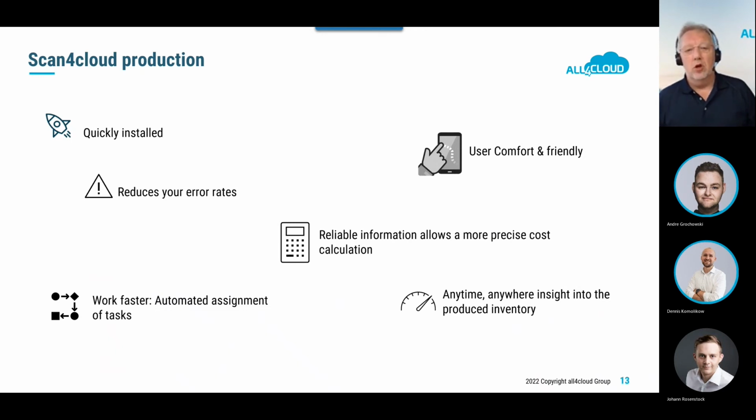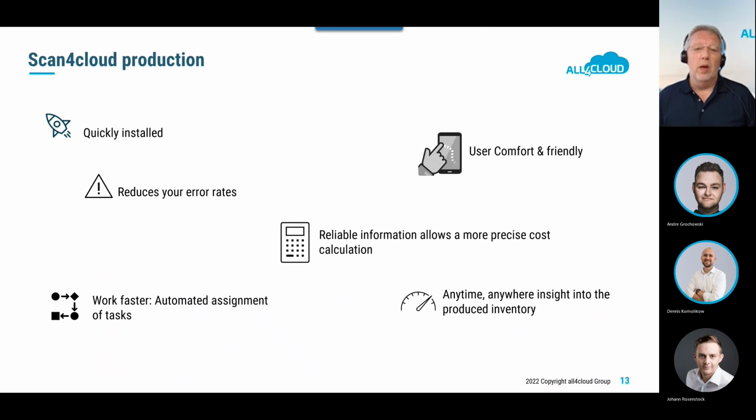Some other advantages that will benefit you. A modern mobile app like scan4cloud is characterized by a short implementation time. For the implementation of scan4cloud, we need only 4 working days, and we have customers who went live 14 days after signing the contract. So that's really fast.